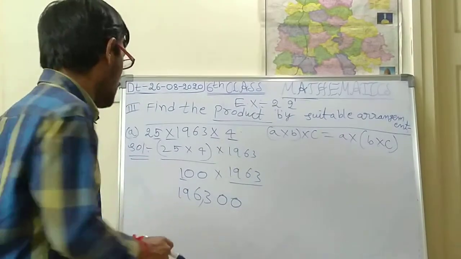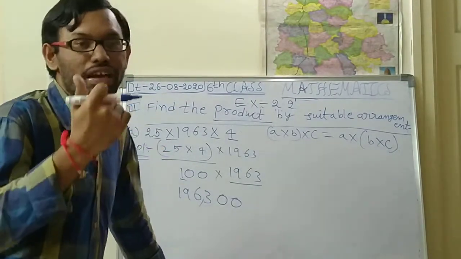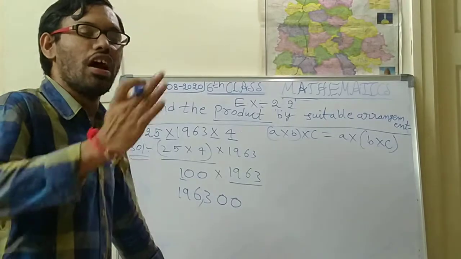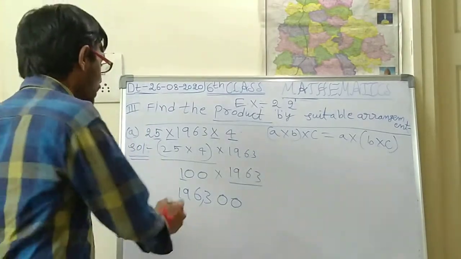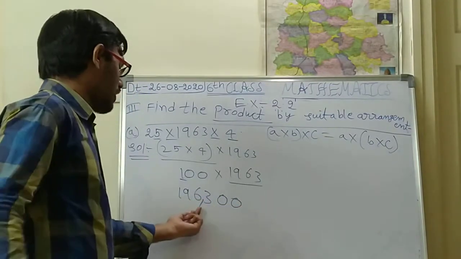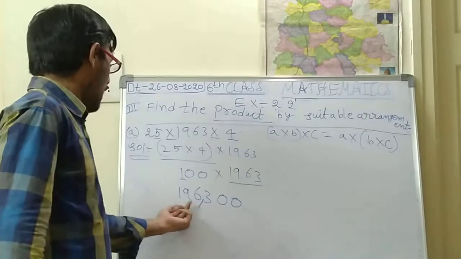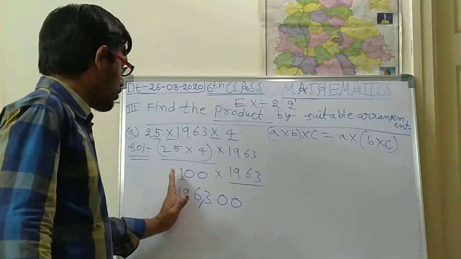You have already learnt about the Indian system of numeration and the international system, and how to write the place names and the number names also. International system means starting from the left side, you should keep 1 comma after 3 digits, and after 3 digits one more comma. Here only 3 digits are there, so you should stop.